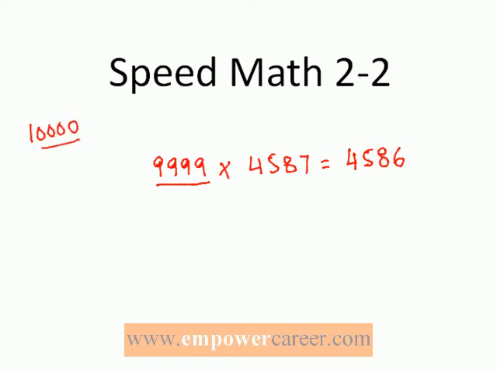Don't take the pain to deduct the actual number. All you do is the last digit from 10 and the remaining from 9. So this will be from 9. That gives me 5. This will be from 9. That gives me 4. This from 9 gives me 1. And this from 10 gives me 3. And that is the complete answer, 4586 5413.